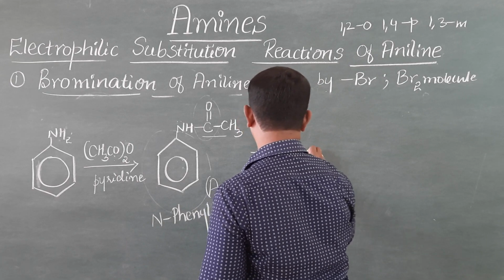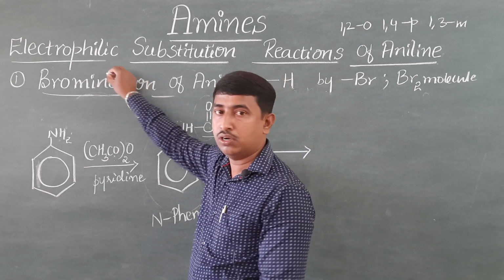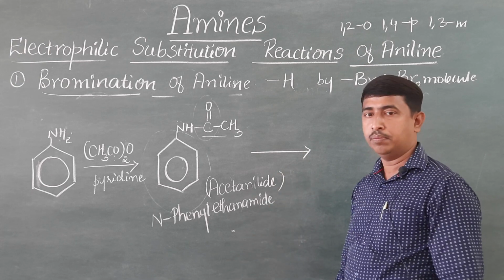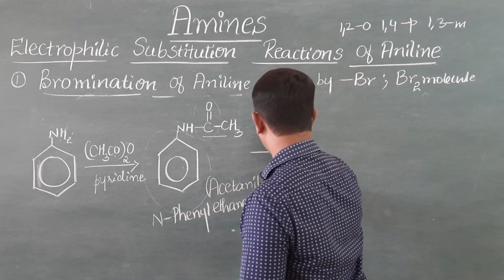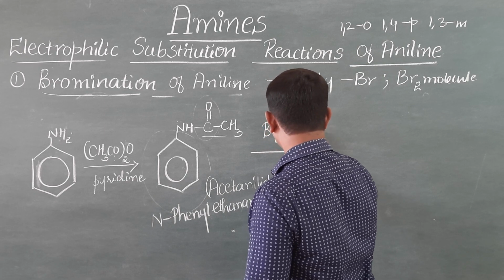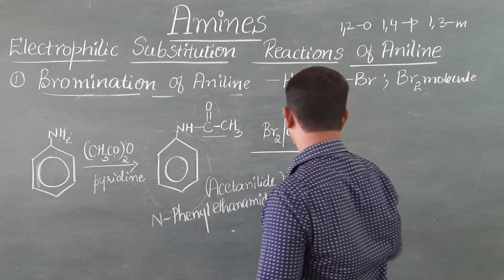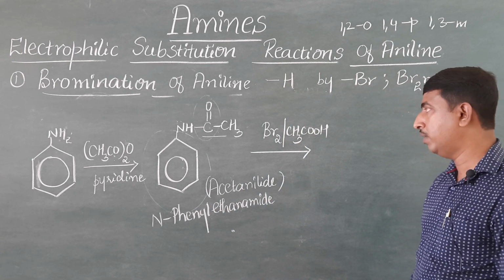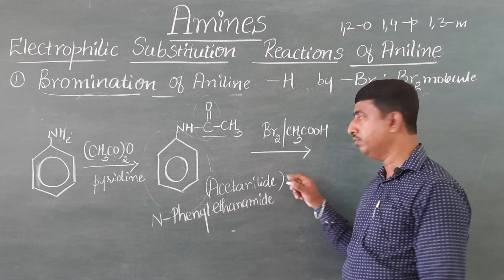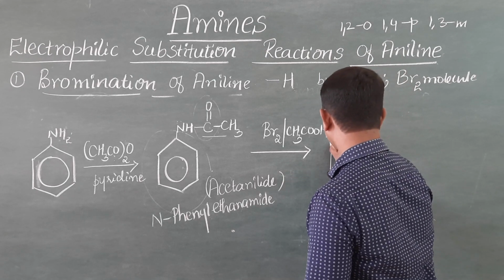Next, second step. Now, we are carrying out bromination in order to get a mono substituted product. Bromination is carried out by adding bromine in acetic acid. By adding bromine in acetic acid, this acetanilide is subjected to bromination.